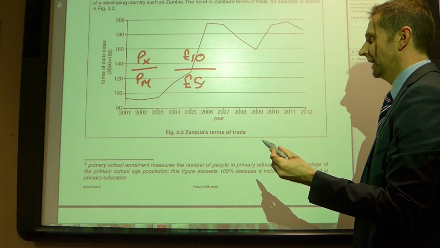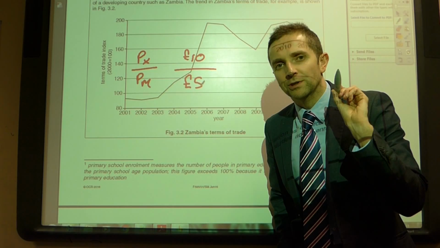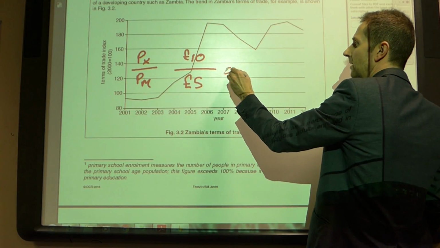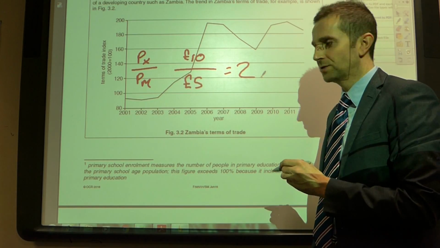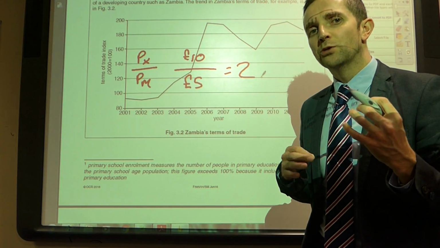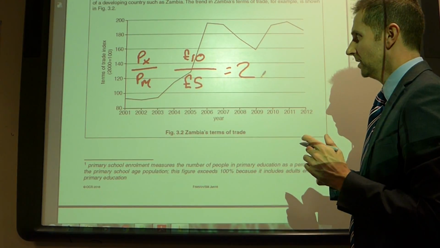Well, obviously in that case, with the proceeds of one export, you could bring in 2 imports. So this is telling us how many imports the country can buy for every unit of export that it sells.